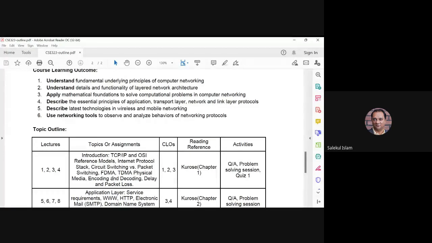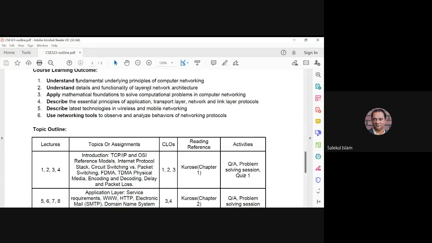So here the learning outcomes are: understand the fundamental underlying principles of computer networking, and understand the details and functionality of layered network architecture. This layering is very important in any kind of networking, and this layering also exists in real life.